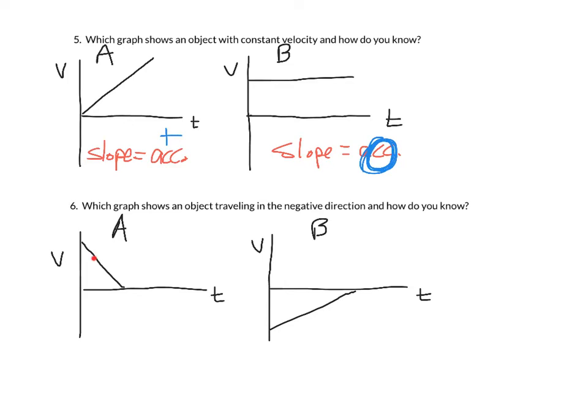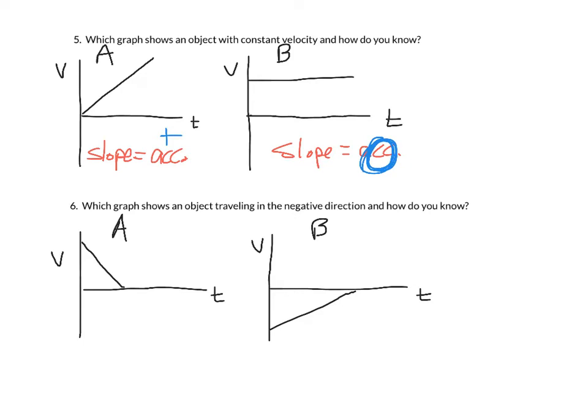All right, next. Which graph shows an object traveling in the negative direction, and how do you know? Now again, v-t graphs. They're both v-t graphs. So how can you tell what direction these are traveling? That's a good question. Well, let's just see. This one starts with what kind of velocity? Big. Like that's zero. This is fast and positive because it's above.